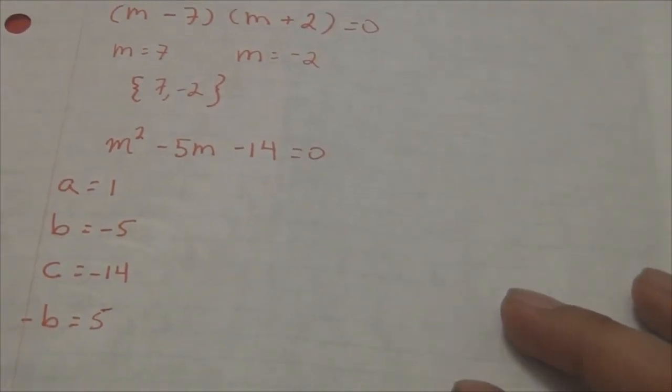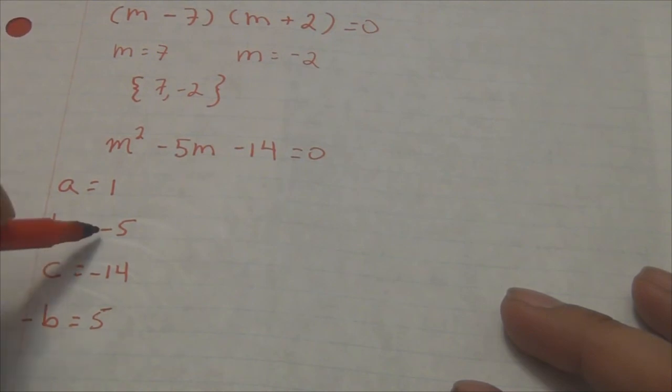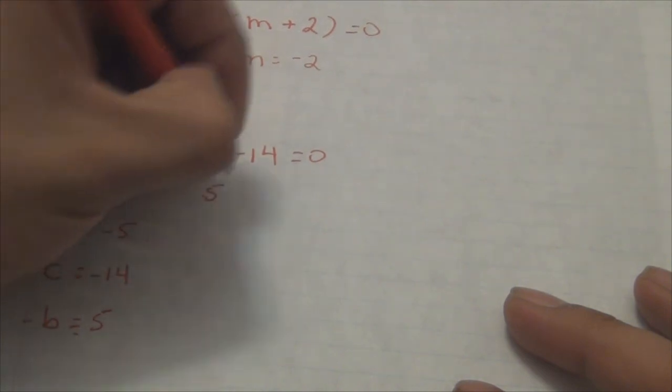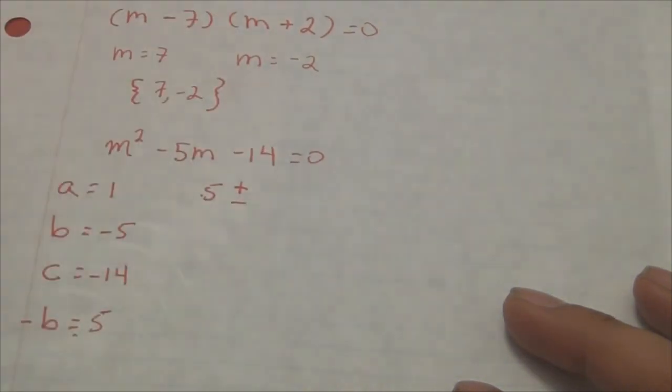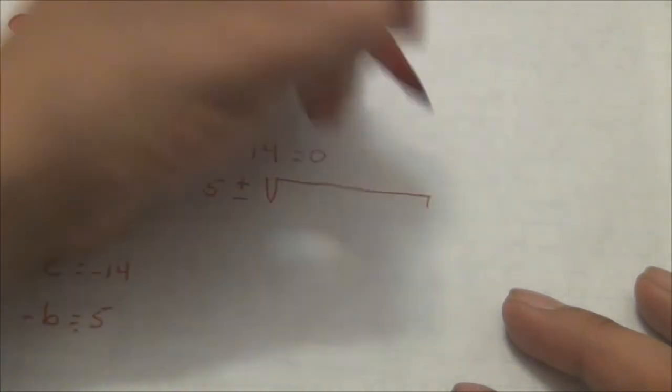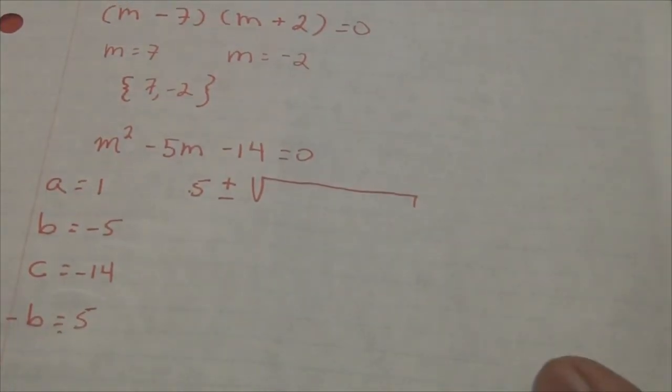So the formula says negative b plus or minus. So negative b, right here, 5, plus or minus the square root of b squared.